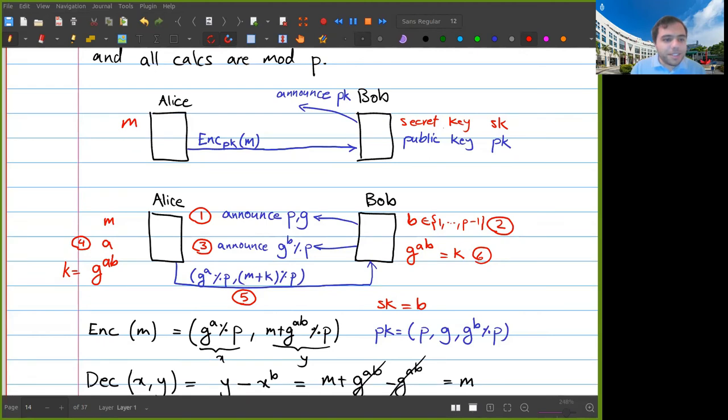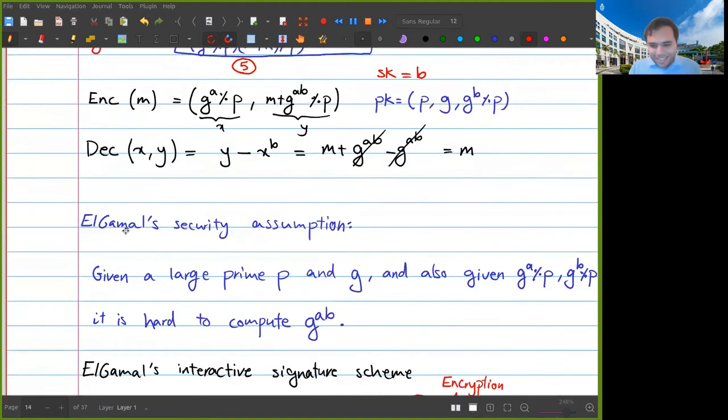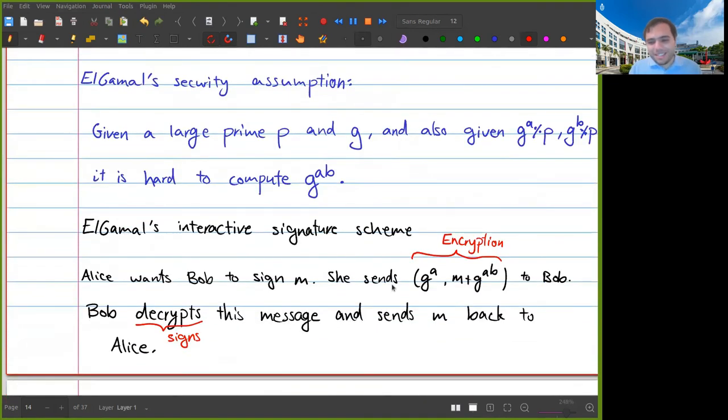Another question here is that, in this scheme, we first verify, then sign the message. In a sense, yes, because we are first doing the encryption and then doing the decryption. But actually, if you think about it, the verification is really done after the signature in the sense that, let's say Alice wants Bob to sign this M. She first sends this message to Bob, right?